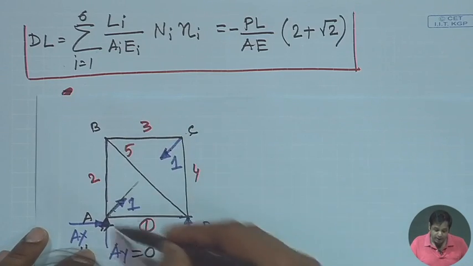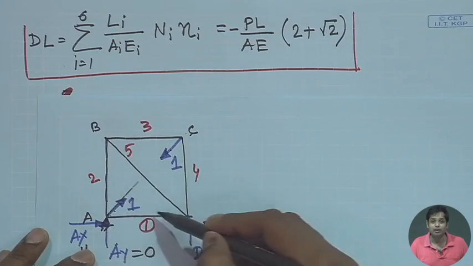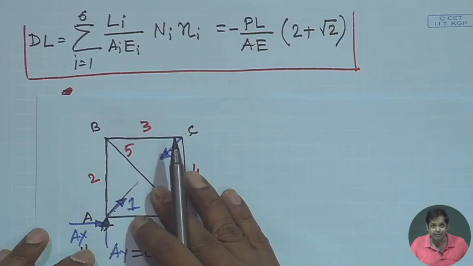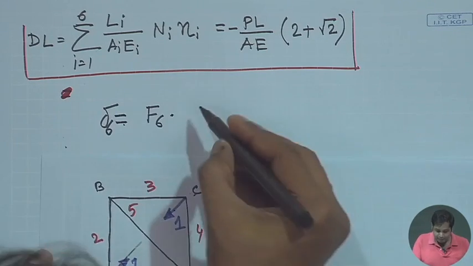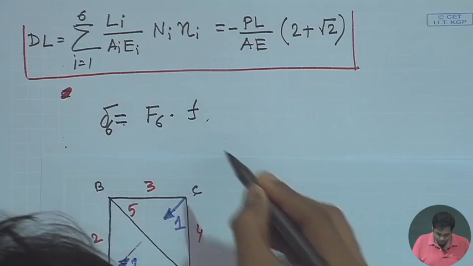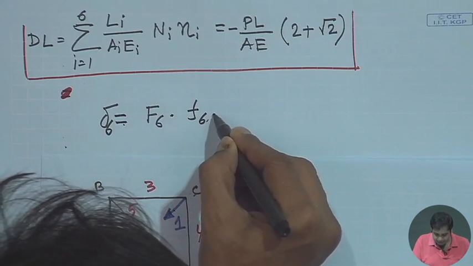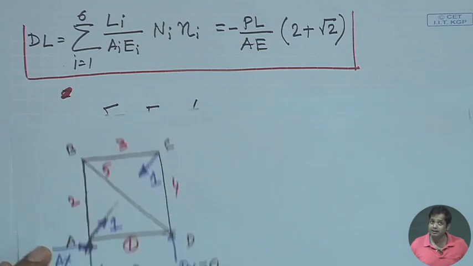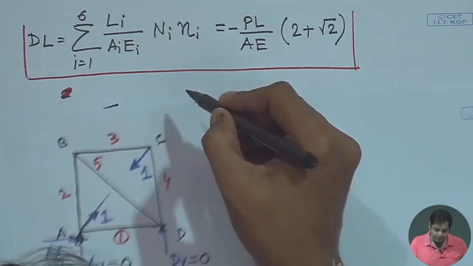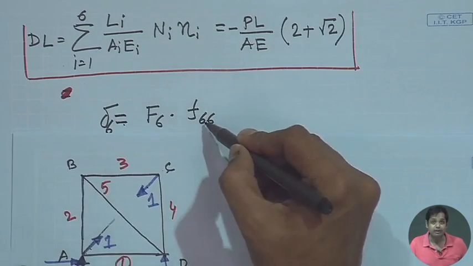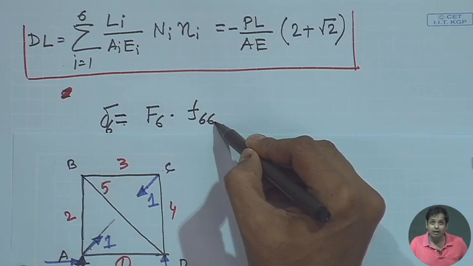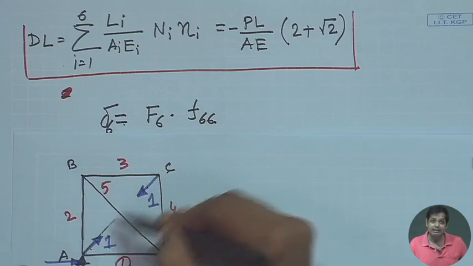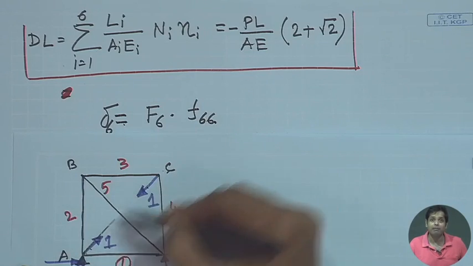That deformation in member AC due to the unit load is essentially the flexibility of this member, written as f66. Why f66? Because this is associated with deformation in member 6 due to the load applied in the direction of member 6.